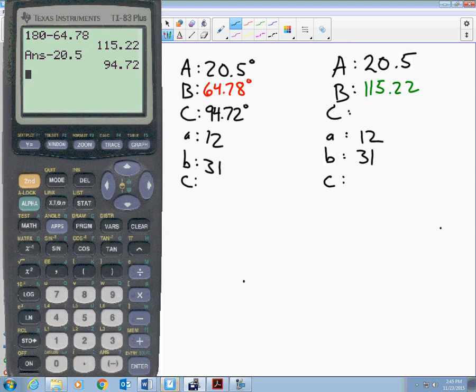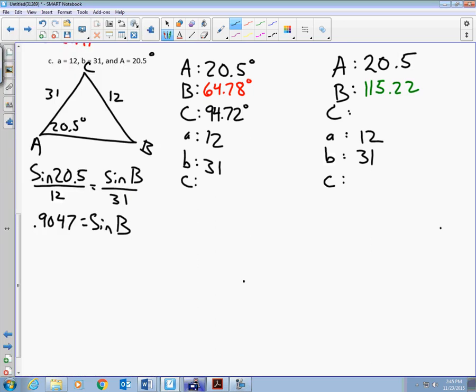Okay. Could I find side C now? How would you find side C? Sine of 20.5 over what? 12 equals sine of 94.72 over what?